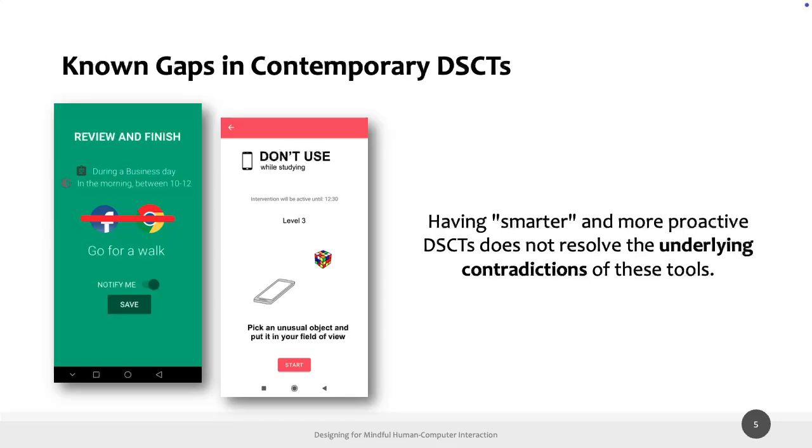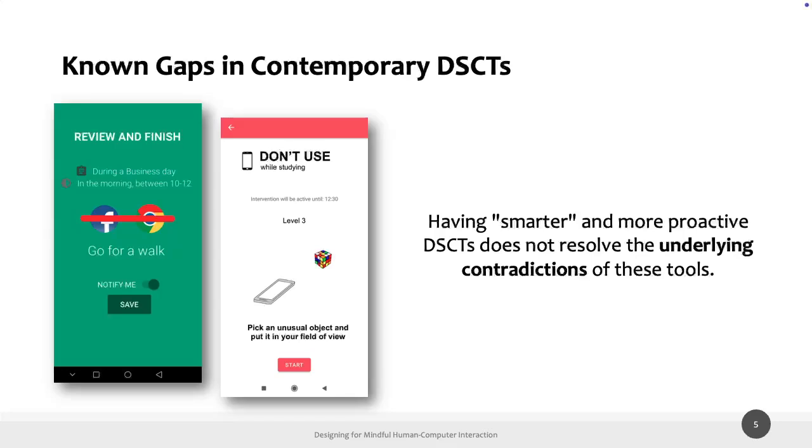Anyway, even if we can design maybe smarter interventions, maybe interventions that are more theoretically grounded, as we tried in our previous works, this doesn't solve the underlying contradiction of the need of having these tools, right?